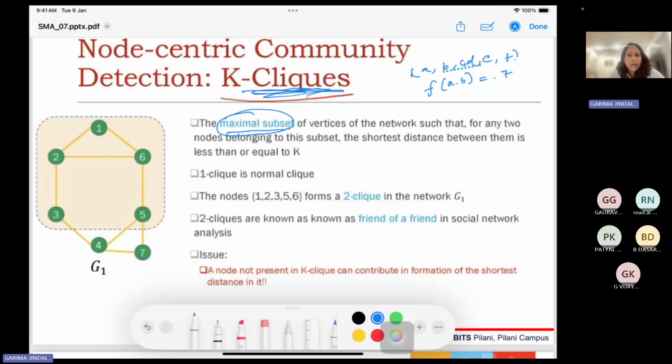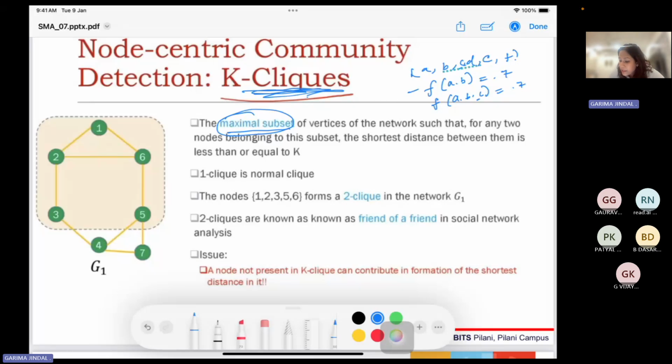Now let us suppose I take another set A, B, and C. Again, when I add A, B, C, the summation comes to 0.7. So in this case, you can see that we have added one extra element, but still the summation remains the same.